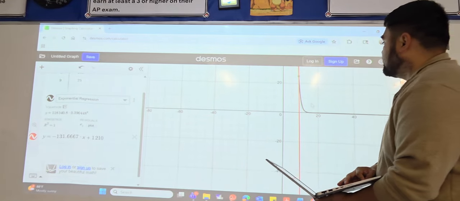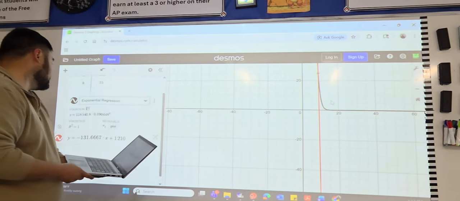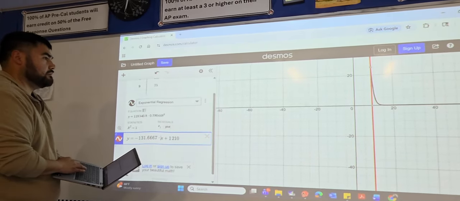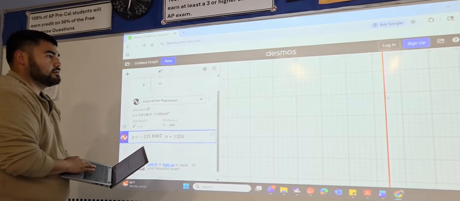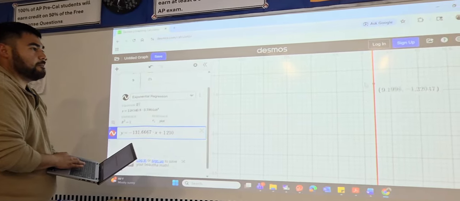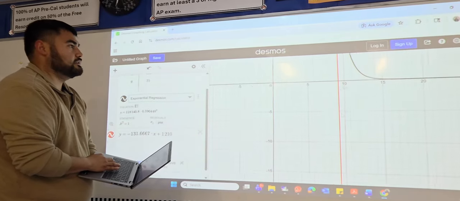So what's happening? For starters, let me see if this one copied correctly. Yeah, it's a very slight change for that line.